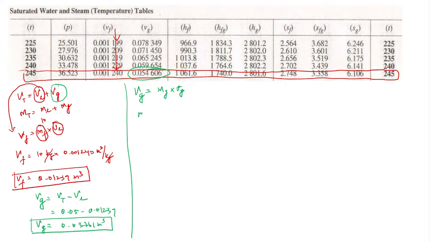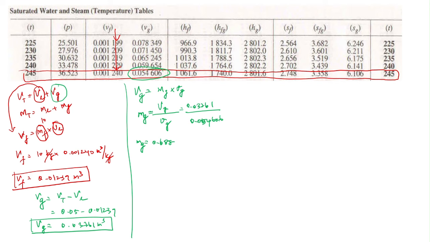So mass of steam is equal to total volume of steam divided by specific volume of steam, which is 0.03761 divided by specific volume of steam, 0.054606. Finally, you are getting the mass of steam equal to 0.688.